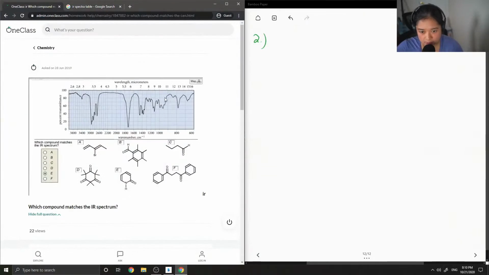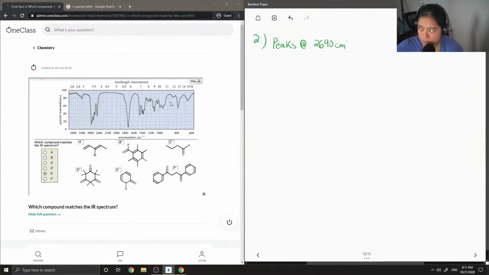So first I'm just going to look at our spectra. We have peaks at around 2,690 inverse centimeters to around 2,700 inverse centimeters.